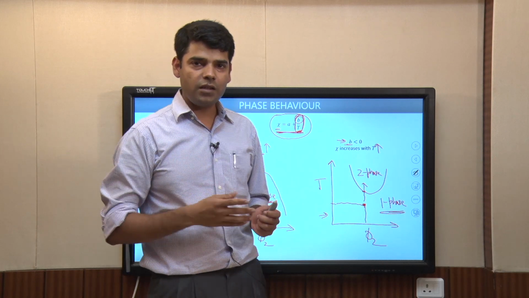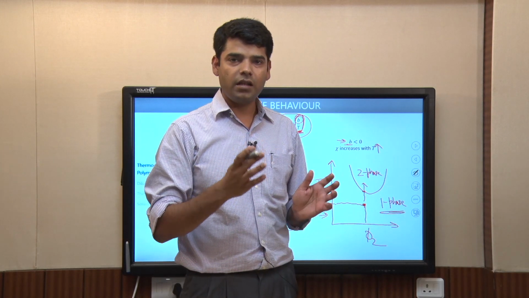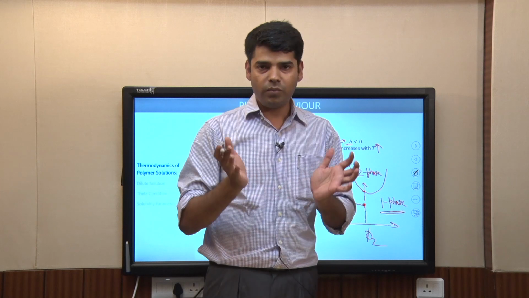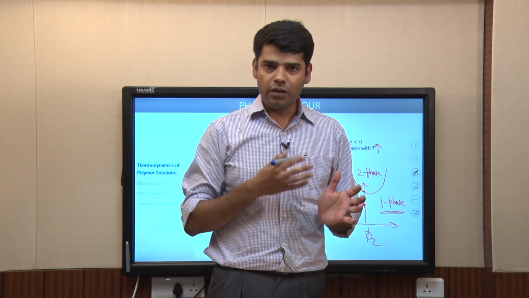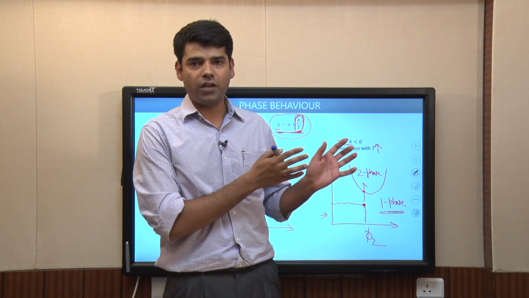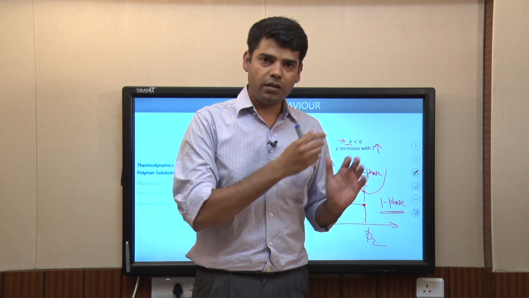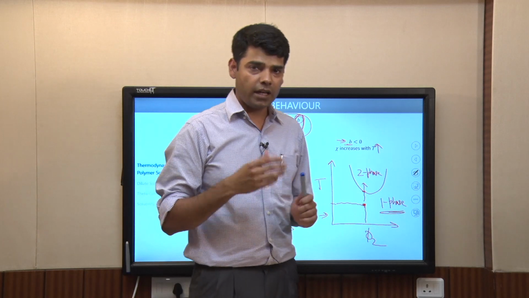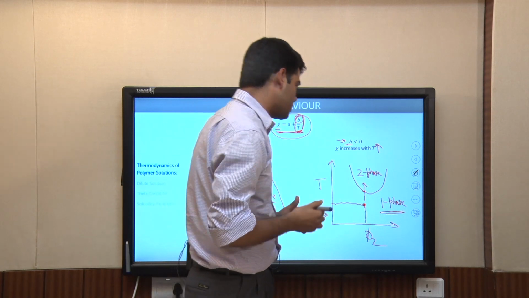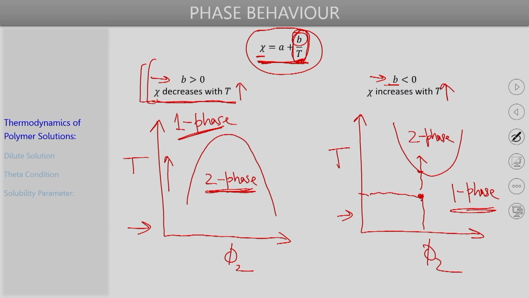This reduction in miscibility ultimately results in the splitting of the single uniform polymer solution into two different phases, where one phase will contain the polymer in high concentration, and the other phase will primarily consist of the solvent molecules with only a few polymer molecules.